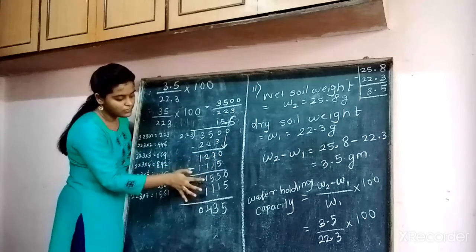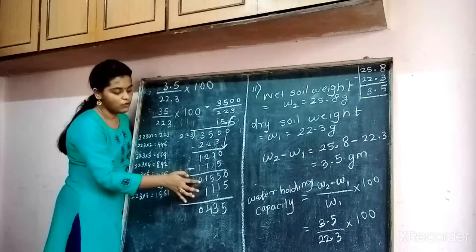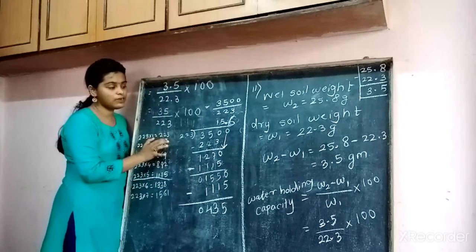Then 2 minus 1, 1. And 1 minus 1, 0. Now 155 is less than 223.